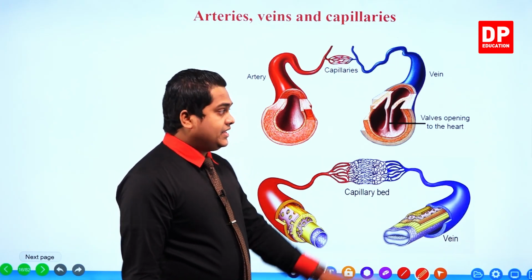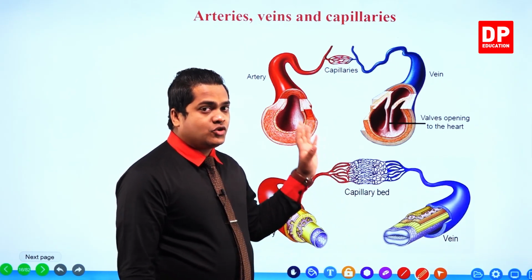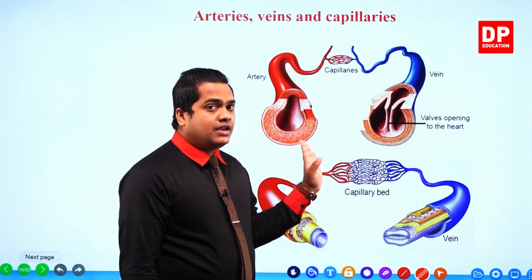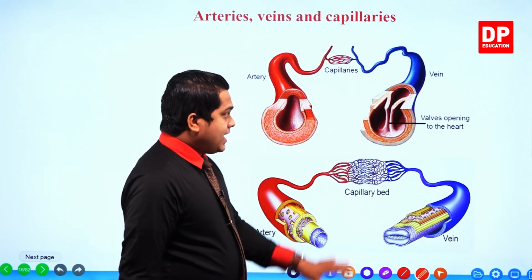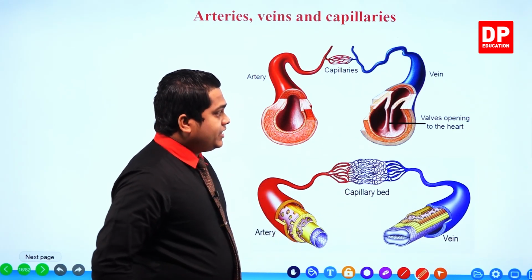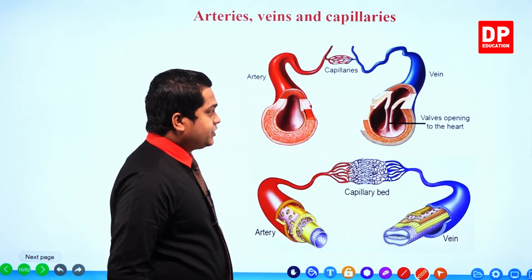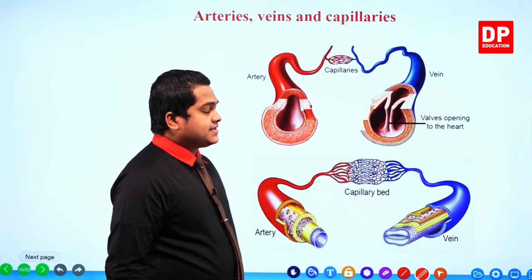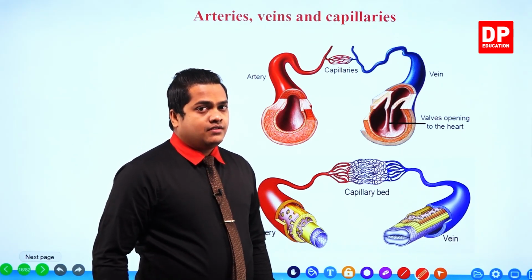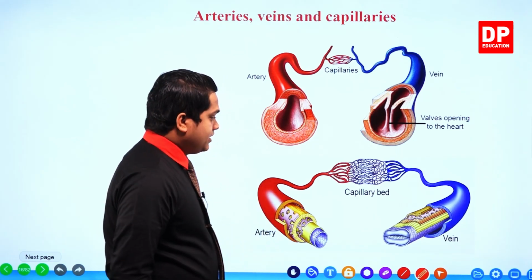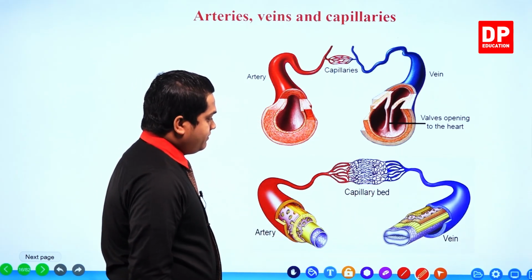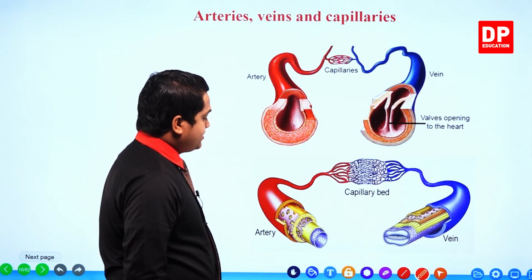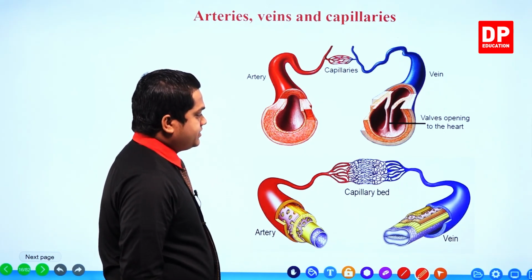And I told you that artery walls are elastic, but veins are not elastic. In the veins, valves are opening towards the heart, like this, and valves are contained within veins.